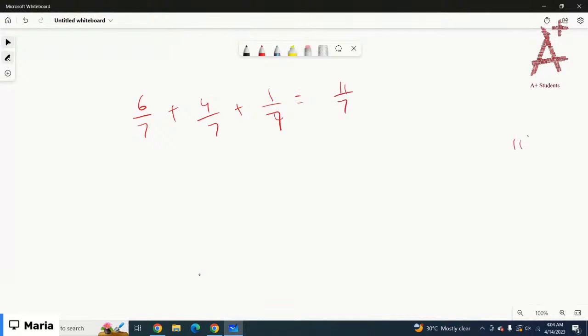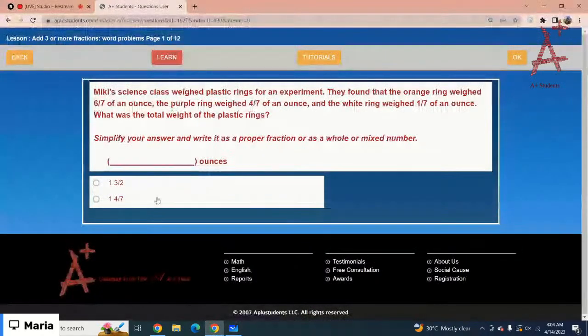You can divide 11 by 7. 7 times 1 is 7 and 11 minus 7 is 4. So it will be 1 whole 4 over 7. Got it? So the simplified answer is 1 whole 4 over 7. Option number 2 is the correct option.